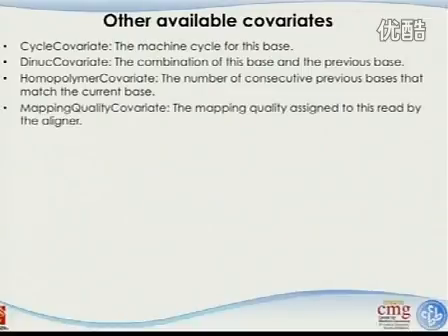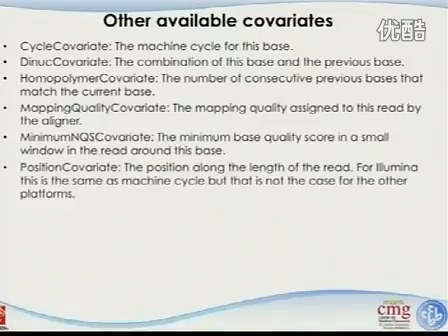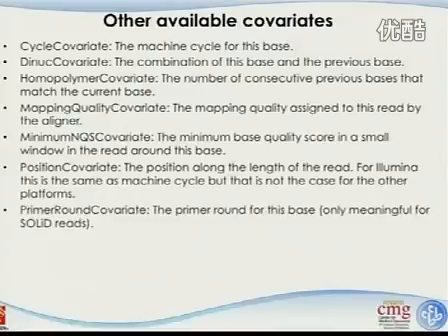And the mapping quality assigned to this is another covariate. And the minimum base quality, and the position covariate, which is the position along the length of the read. For Illumina, this is the same as the machine cycle, and for some other weird type of platform, it's still different.